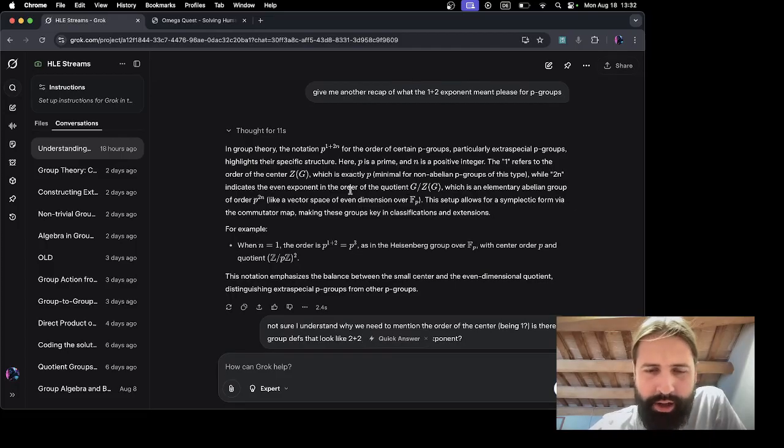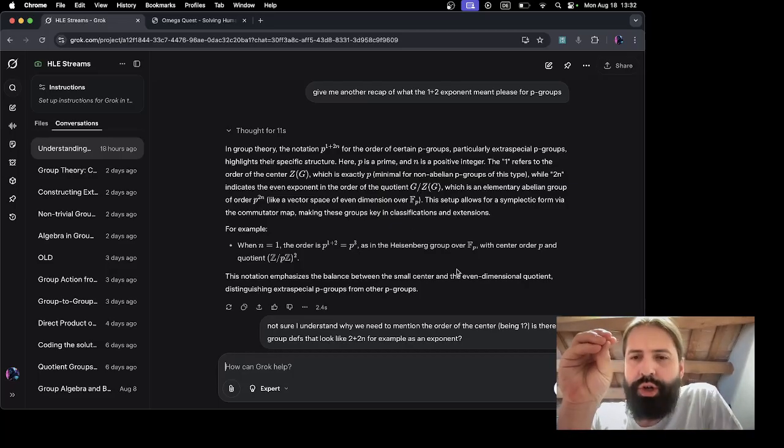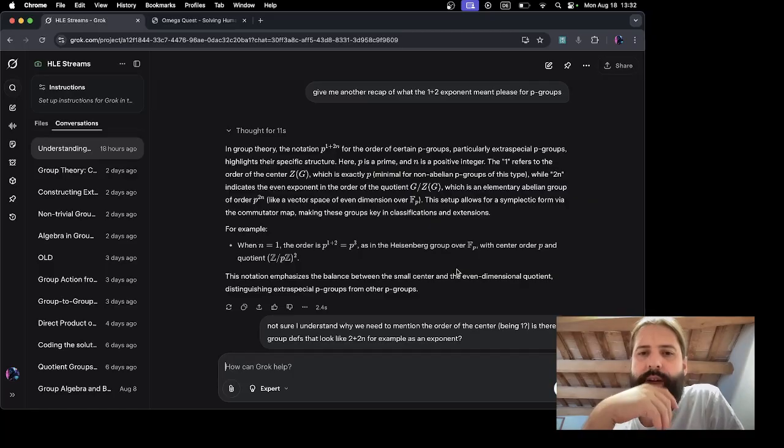And then 2n indicates the even exponent in the order of the quotient G over Z(G). Okay, so the quotient, let's think about this. So we've got G. If we do the quotient with the center, and that was again doing the modulo stuff, right?